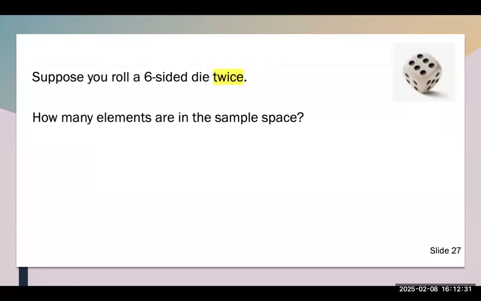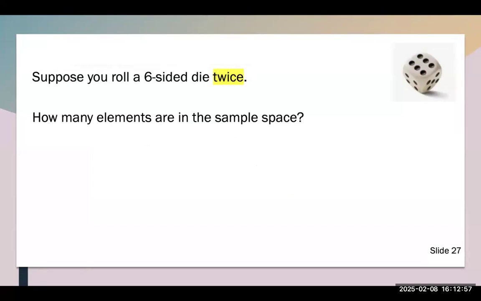Suppose you roll a 6-sided die twice. How many elements are in the sample space? Well, let's think about it. This is sort of like that situation where we were flipping the coin twice, and we got tails-tails, tails-heads, heads-tails, heads-heads. So we had 4 options, right? Because for each time we flipped the coin, we had 2 options.